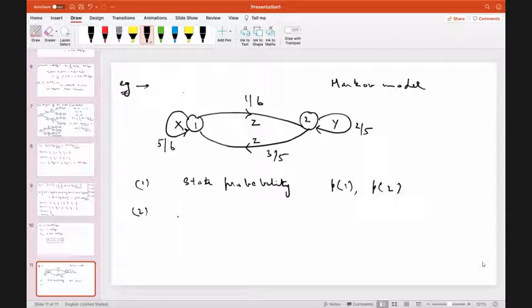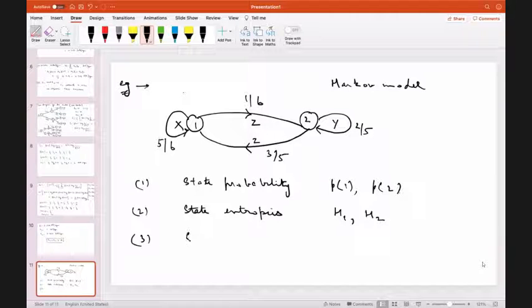The next thing is state entropies, and those state entropies are going to be H1 and H2.